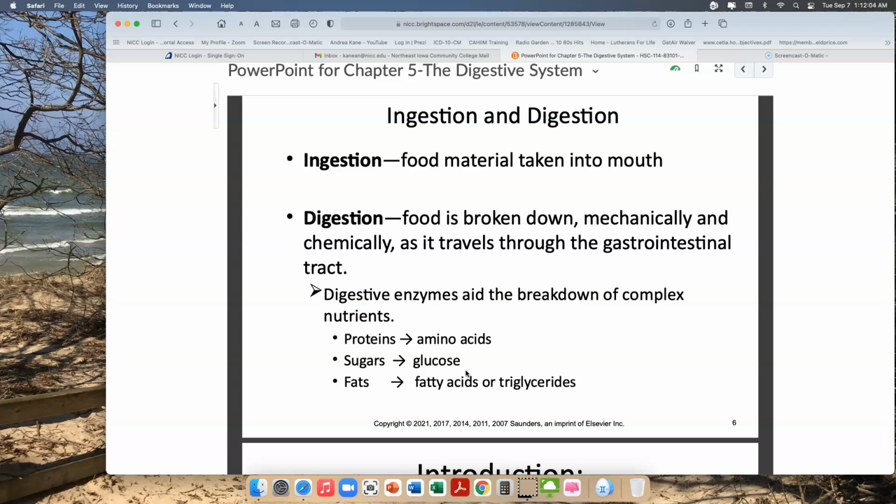It's broken down using our teeth, and then it goes down and into our stomach. It's broken down chemically there, and then it goes through the small intestine, large intestine. During this process, digestive enzymes aid the breakdown of complex nutrients. Proteins are turned into amino acids, sugars are turned into glucose, and fats are transformed into fatty acids or triglycerides.